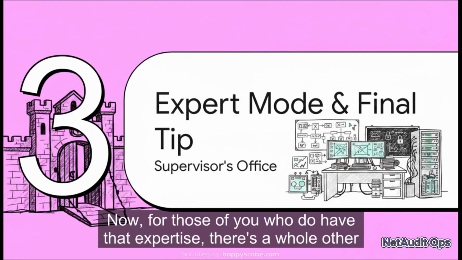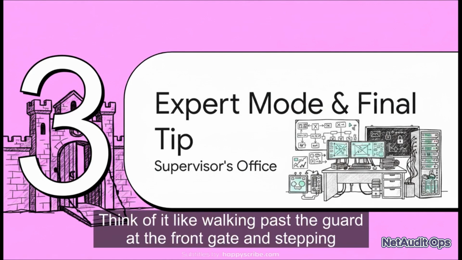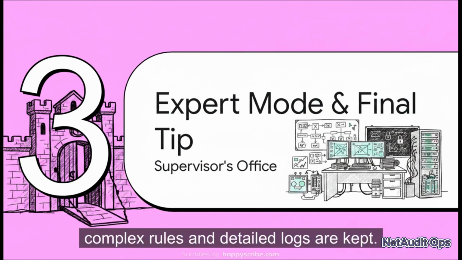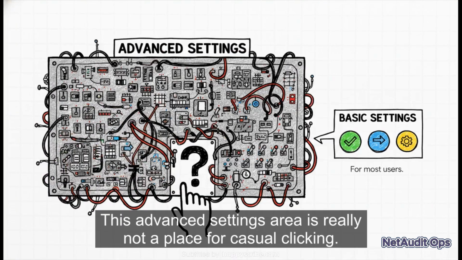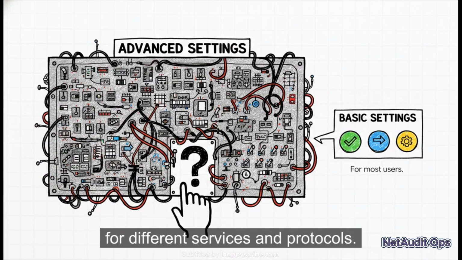Now, for those of you who do have that kind of expertise, there's a whole other level of control waiting for you. Think of it like walking past the guard at the front gate and stepping into the security supervisor's office. You know, the command center, where all the really complex rules and detailed logs are kept. This advanced settings area is really not a place for casual clicking. It's where you can build these incredibly specific, custom rules for individual ports for different services and protocols.